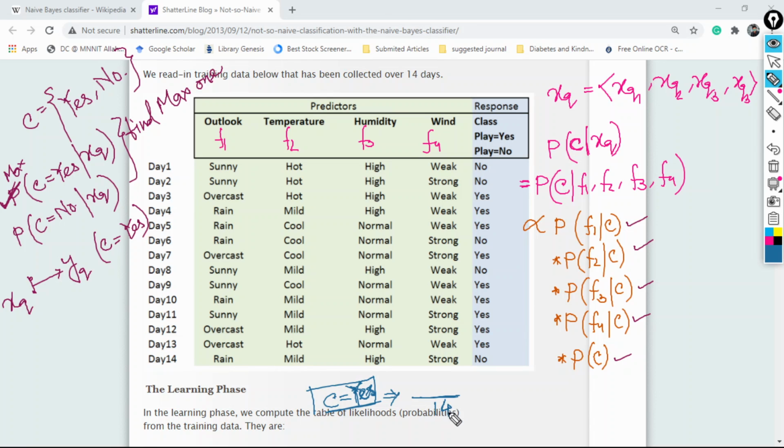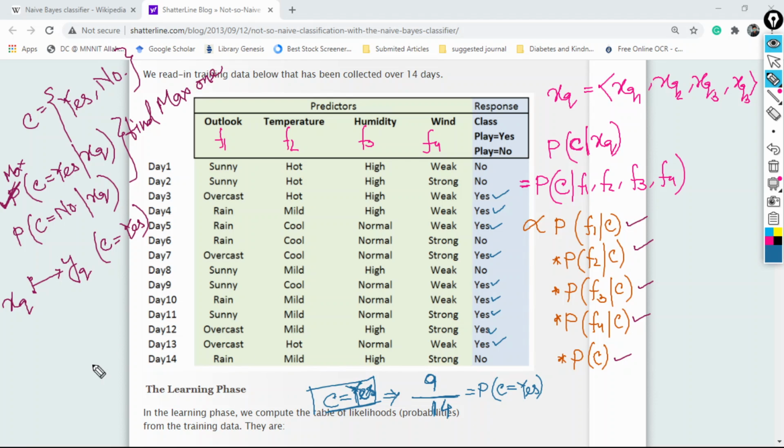Out of 14, how many are in class yes? 1, 2, 3, 4, 5, 6, 7, 8, 9. So out of 14, only 9 points are yes. That is the probability of c equals yes.